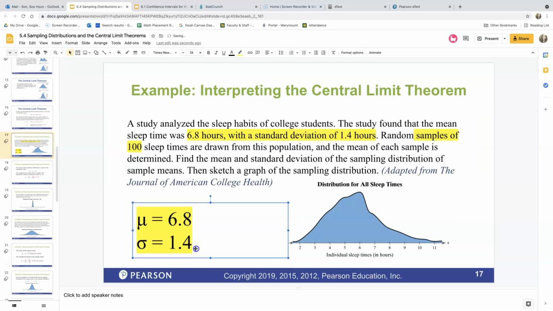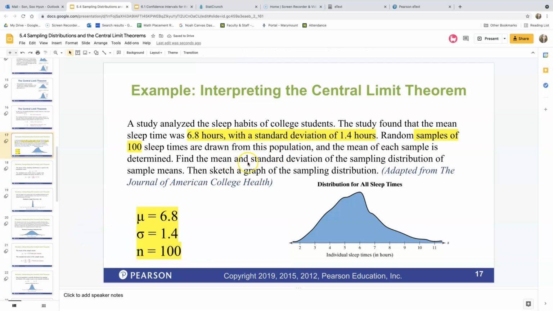What is 100? n equals 100. So these are the numbers that I need. Okay? They said find the mean and the standard deviation of the sampling distribution of sample means.